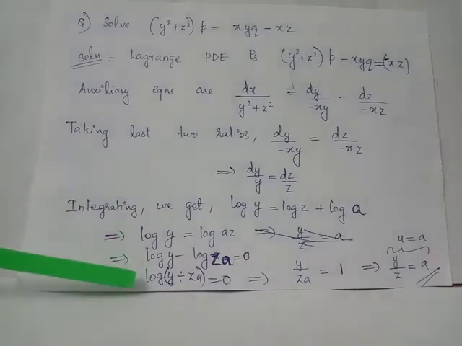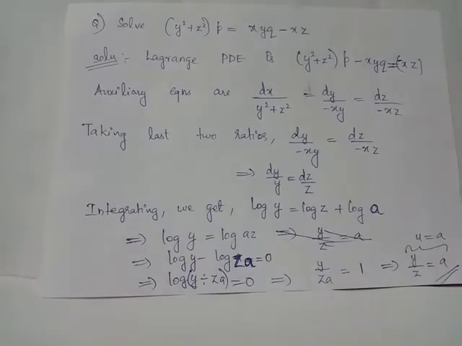Thus this equation becomes y by za equals 1. When you bring the constant a to the RHS, we have the equation of the format u equals a, which is the expected solution. So the first solution for Lagrange's partial differential equation is y by z equals a.